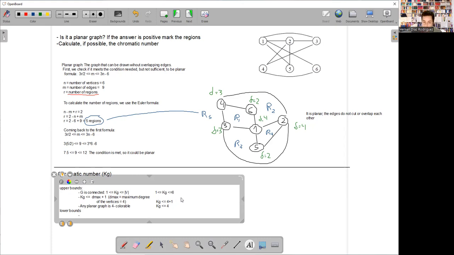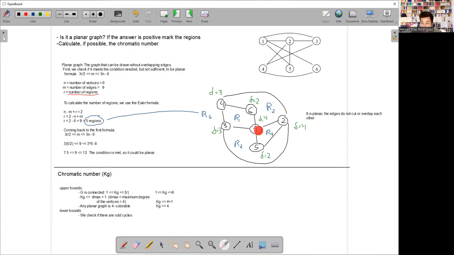This means that if we have even cycles, we cannot use only 2 colors to color the graph. Sorry, it's odd cycles, right? It's odd cycles. So we check if there are odd cycles, right?